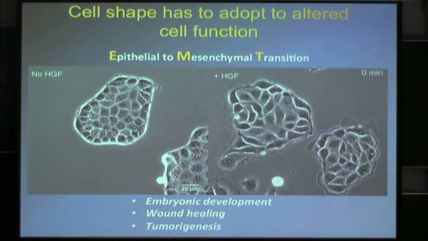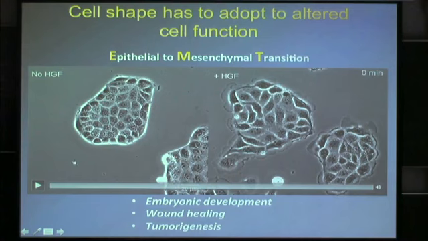It is also important for the adaptation of new cell behaviors, as we see during the epithelial to mesenchymal transition during embryogenesis. As a nice model system, we often use MDCK cells, which are kidney epithelial cells from dogs, and we stimulate them with hepatocyte growth factor.